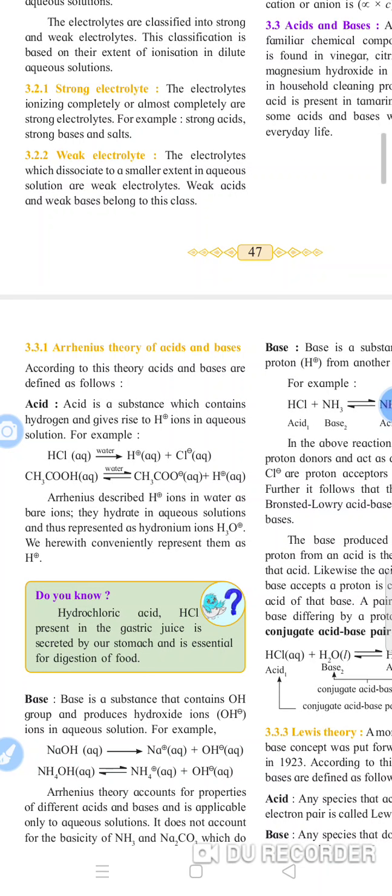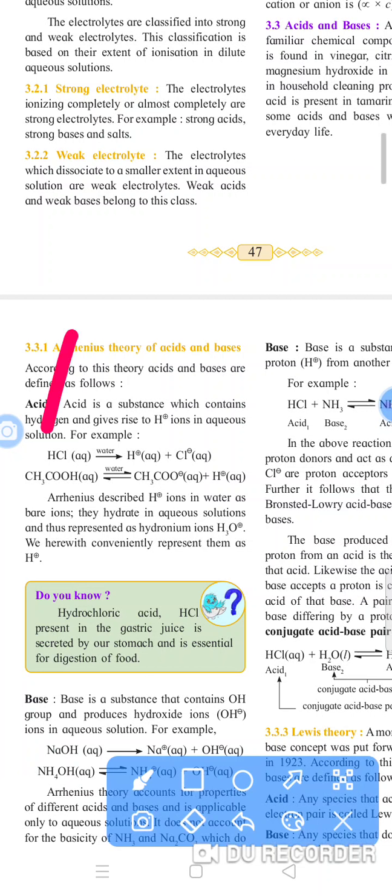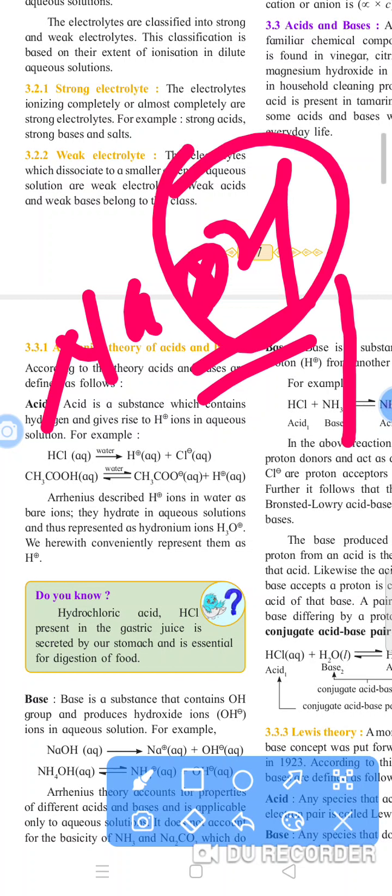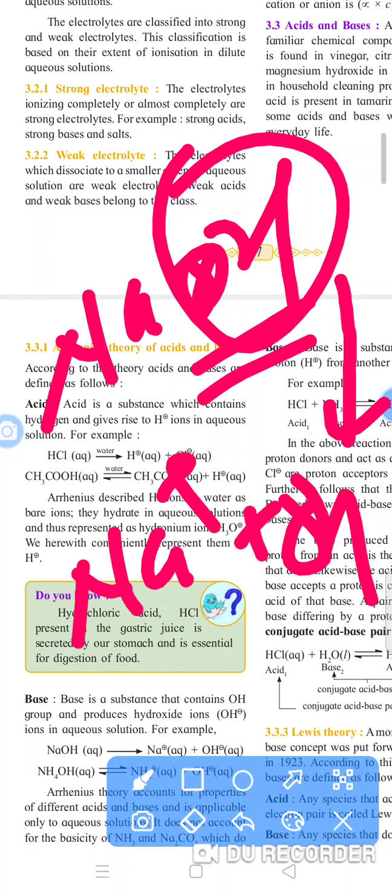Now consider the base, with another example: NaOH. It contains the hydroxide, OH group. NaOH contains the OH group, and in aqueous solution it gives OH minus ions, majorly OH minus ions.